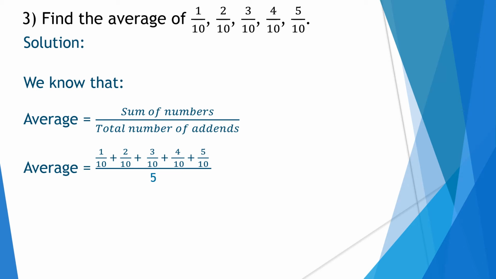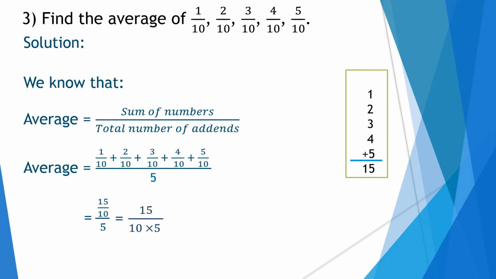So divide by 5. See, these all are fraction numbers, and in fractions, if all the denominators are the same, then we add the numerators. So add all the numerators, which is 1 plus 2 plus 3 plus 4 plus 5 is equal to 15. So the sum of all the fractions is 15 upon 10 and divide by 5. See, in 15 upon 10, 15 is numerator and 10 is denominator.